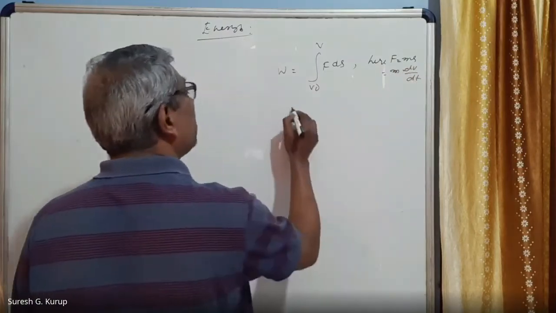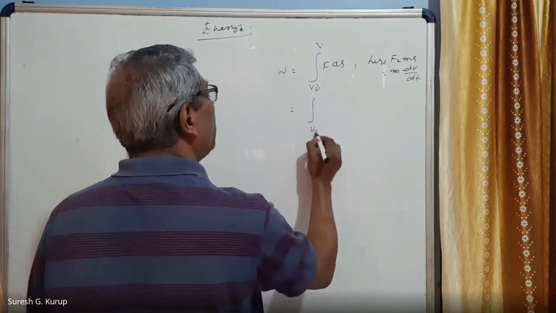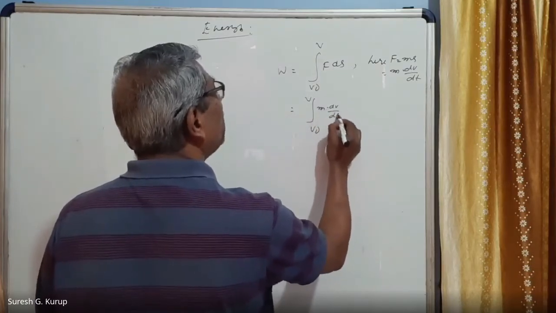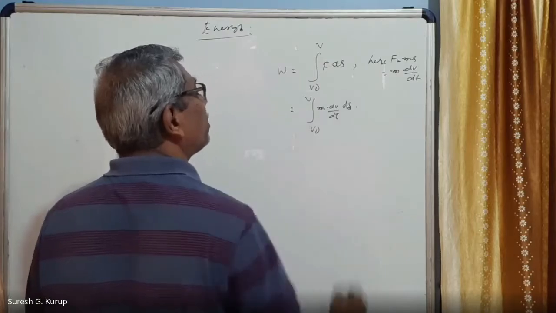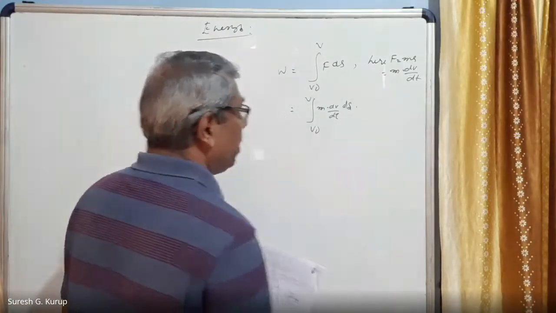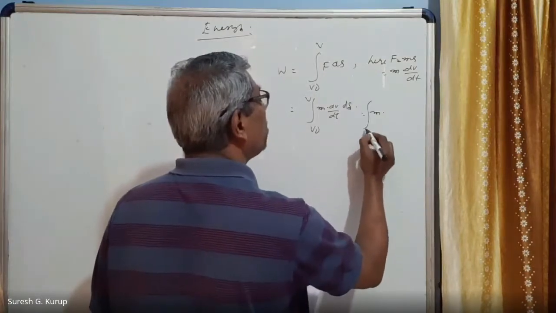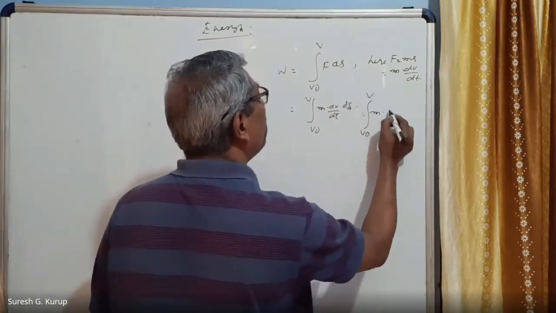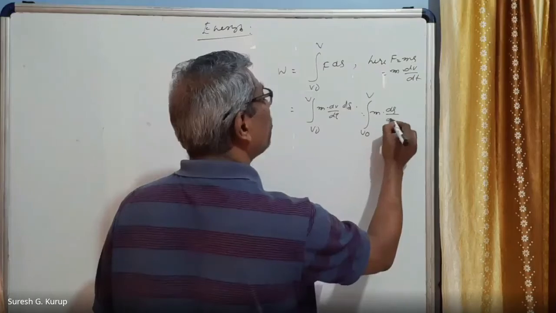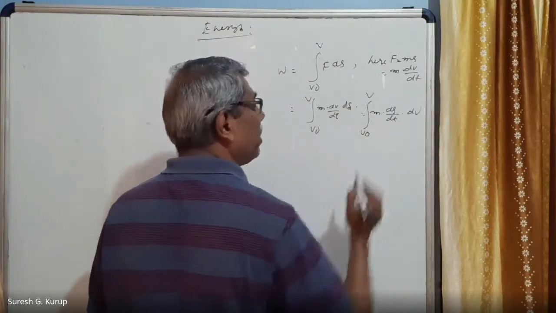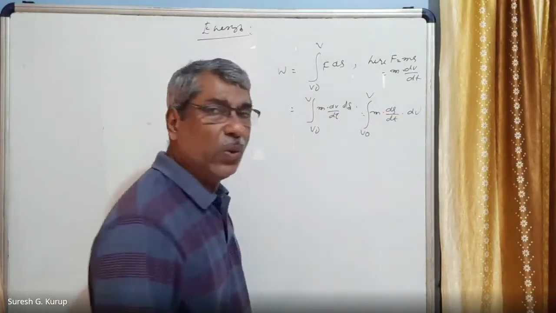Therefore, W is equal to integral v0 to v of m into dv by dt into ds. So this is m into integral v0 to v of ds by dt into dv. But ds by dt is equal to v only.